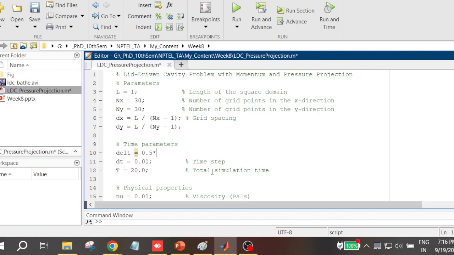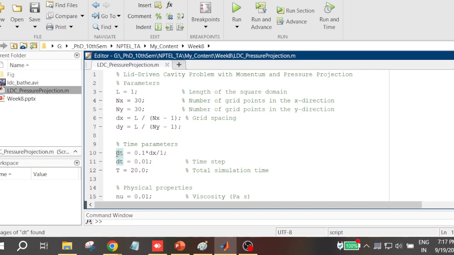I'll take 0.5, into dx, divided by u characteristic, which is the velocity of 1. That is how I usually calculate the dt value. This should ideally be less than 0.5 also; 0.5 is a critical value. In CFD we take it as 1. This is how we determine the dt value. This is the correct way.